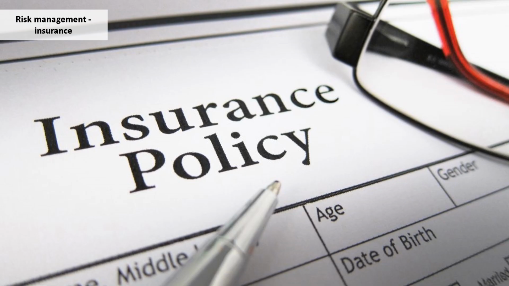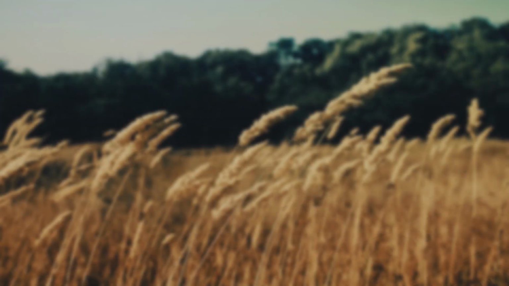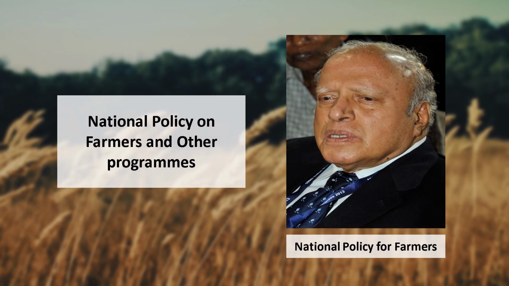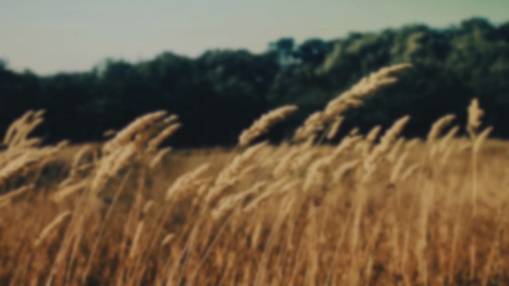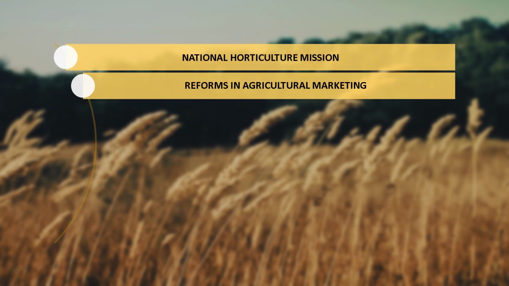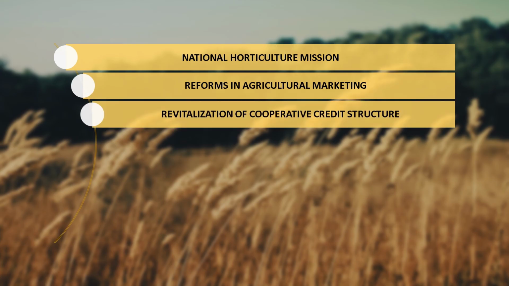Then in 2007, the national policy for farmers was developed by the National Commission on Agriculture under the chairmanship of Professor M.S. Swaminathan, and based on this policy, various missions were implemented, like the National Horticulture Mission. Then we brought reforms in agriculture marketing. Then the cooperative credit structure was strengthened.